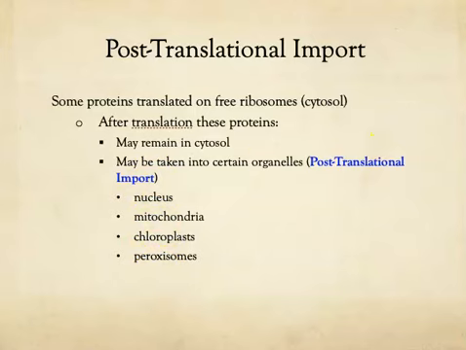Now, we're not going to talk about any of the particular steps of post-translational import. All I need you to know is that these are the organelles where post-translational import occurs. These are the organelles that those proteins have as their final destination.